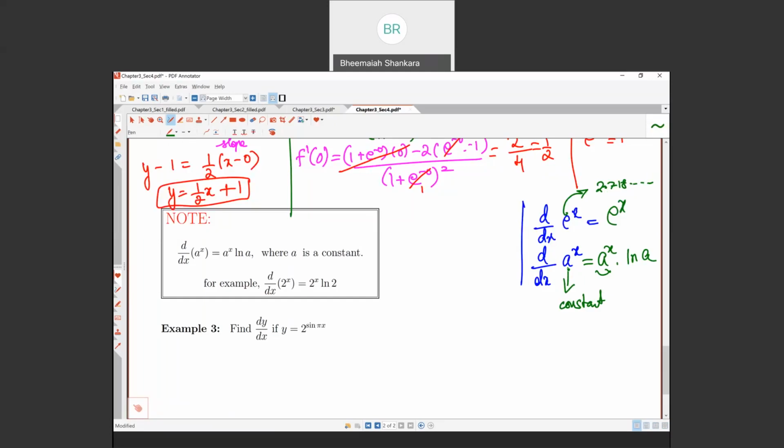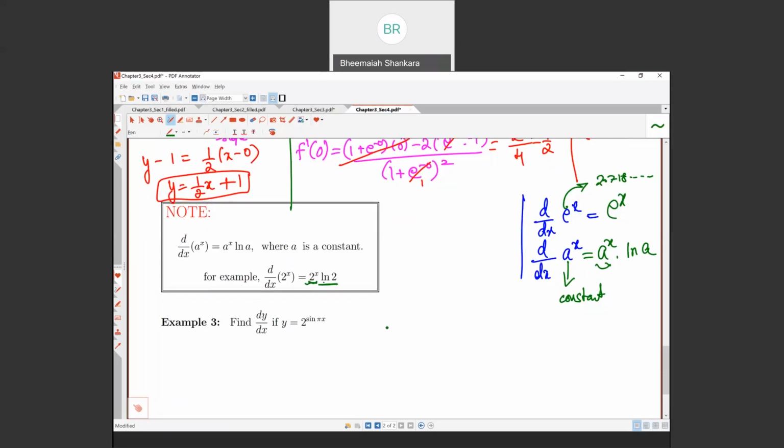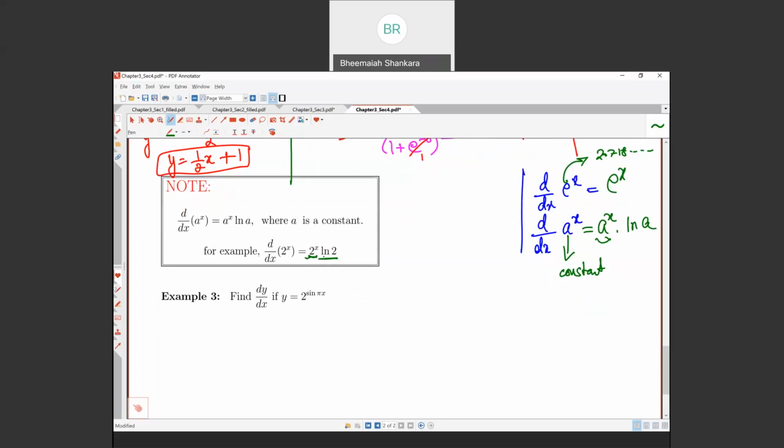So for example, differentiation of 2 to the x, it's 2 to the x again, but you also have to write natural log of 2. So let's do this. Differentiation of y equal to 2 to the sine pi x. So in the very first step, I want you to write the differentiation of y, which is dy over dx. You're differentiating 2 to the power of some function of x.